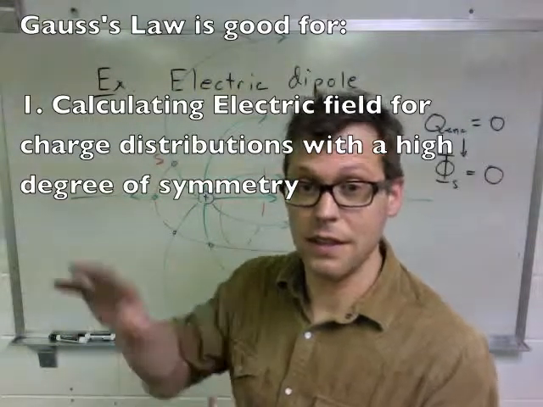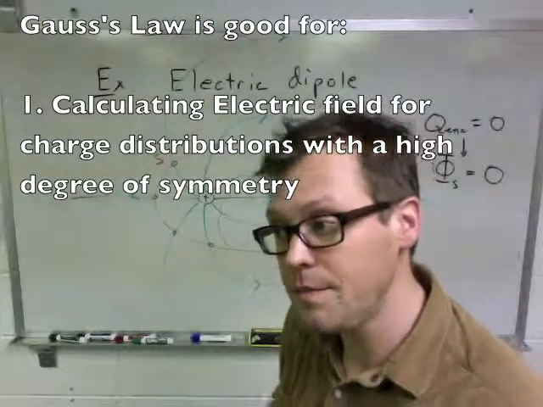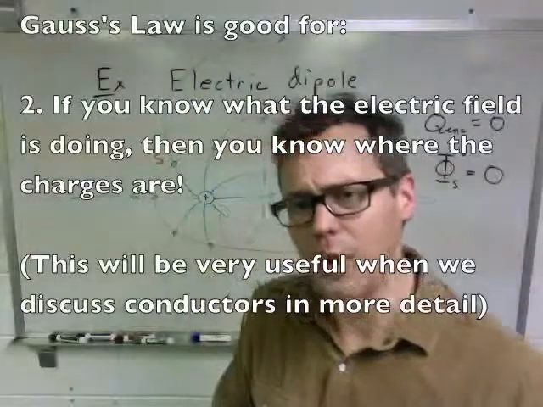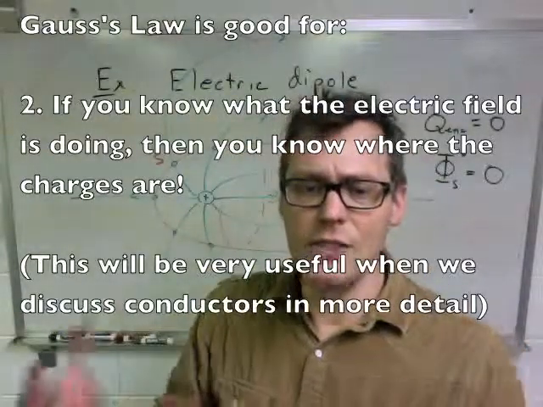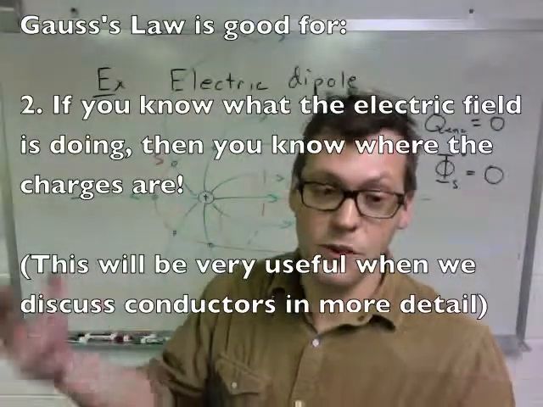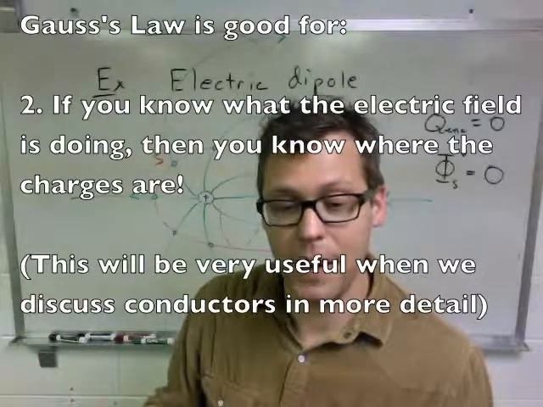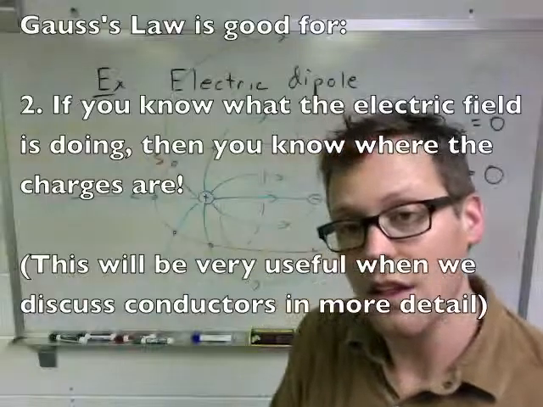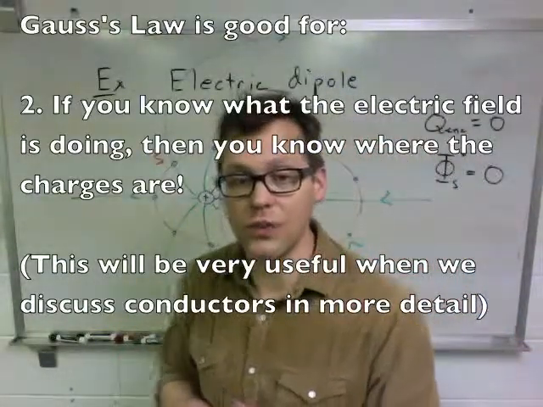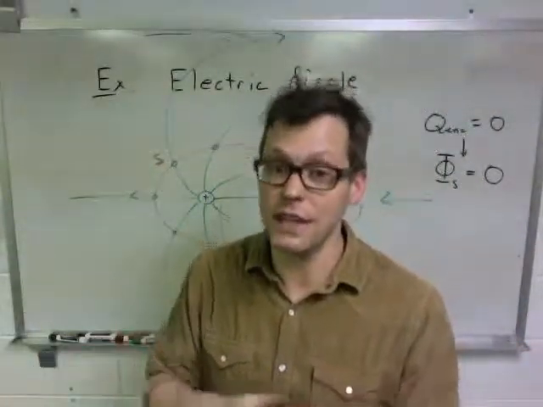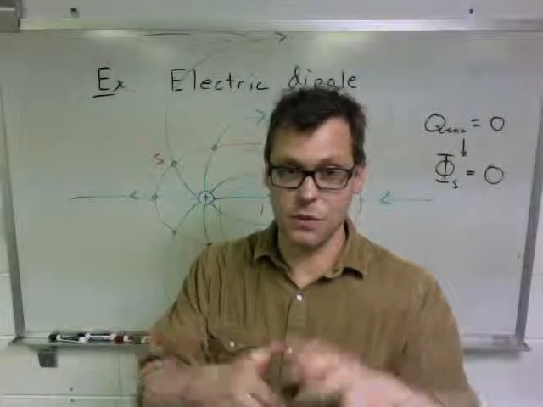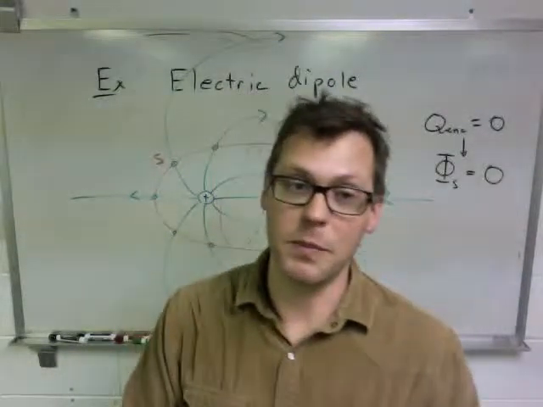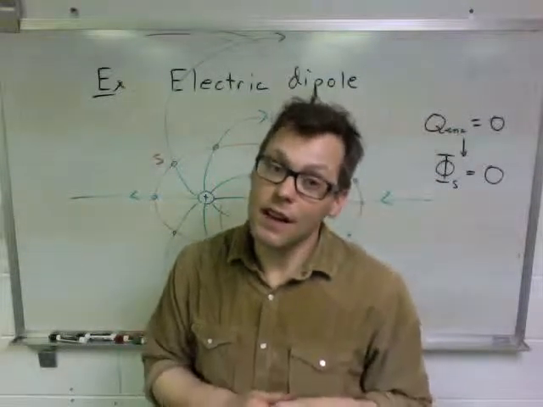We're going to talk about that in class in the coming days. Number two, if you know the electric field in some region of space, then you can use that to figure out where the various enclosed charges might be. We're going to see some interesting applications with that in mind, especially regarding conductors. So that's coming this week.